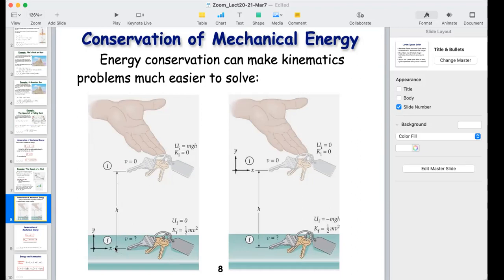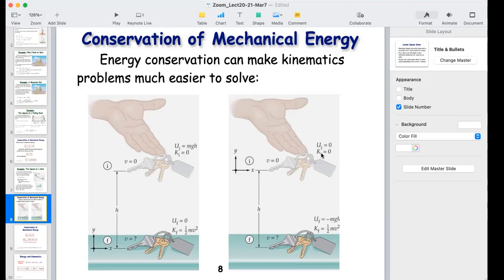In the final position, instead, U final, the gravitational potential energy, is equal to 0, and we have K final, which is 1/2 mv squared. So as you see here, all the energy was transferred from potential energy to kinetic energy.